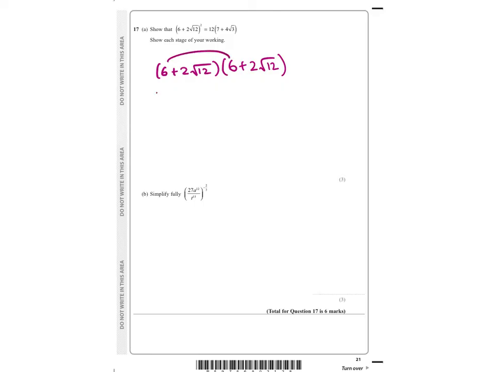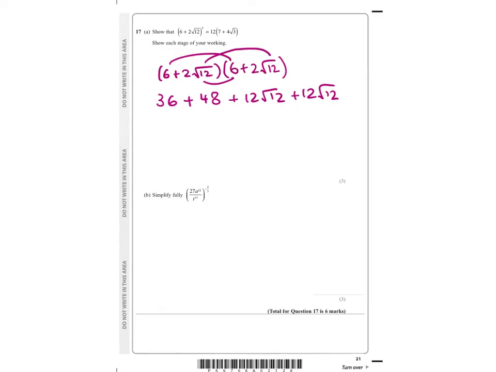So 6 times 6, 36. 2 root 12 times 2 root 12 is going to be 4 times 12, which is 48, plus 12 root 12, plus 12 root 12. 36 plus 48 is 84, plus 24 root 12.